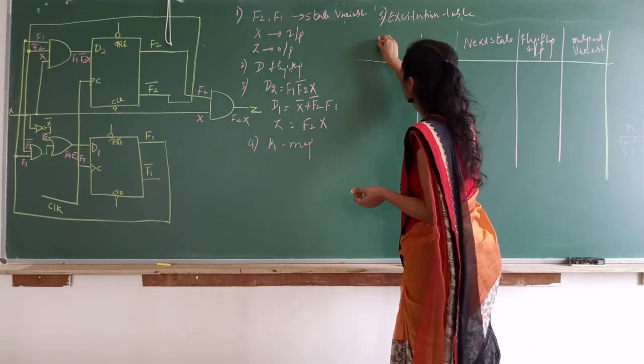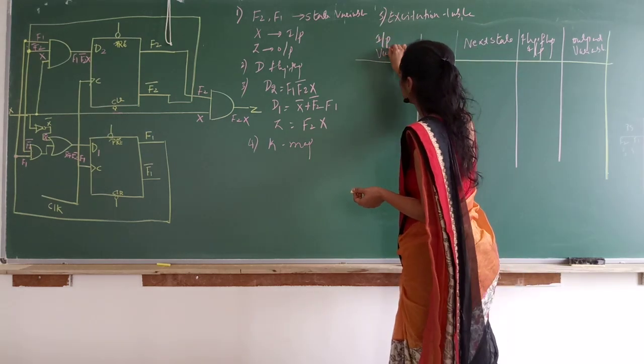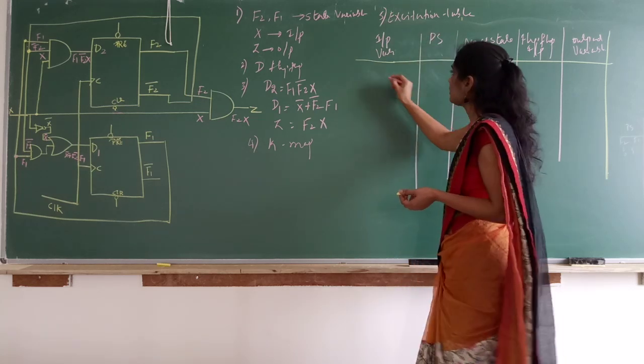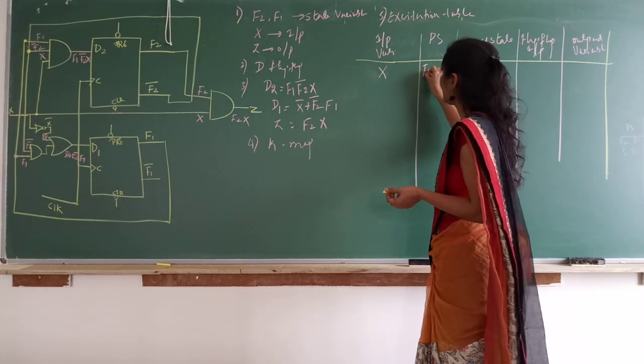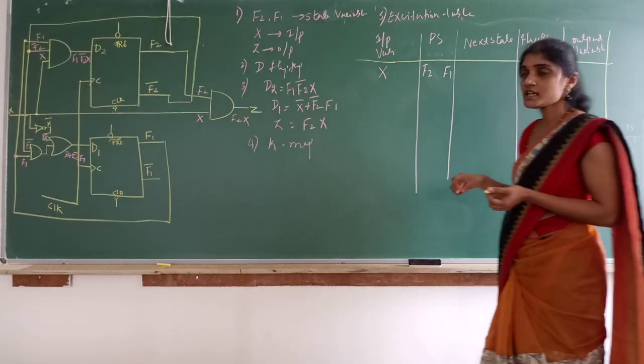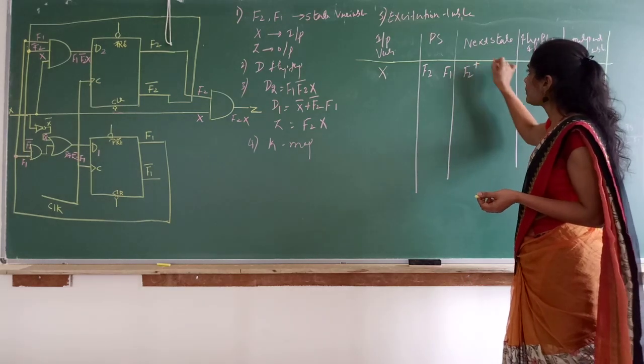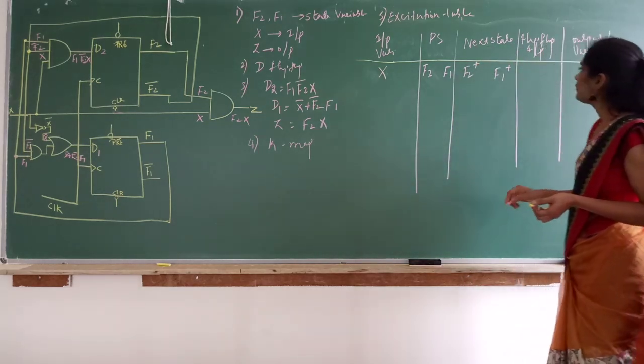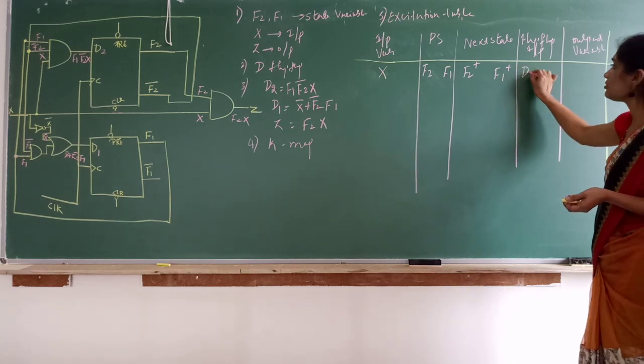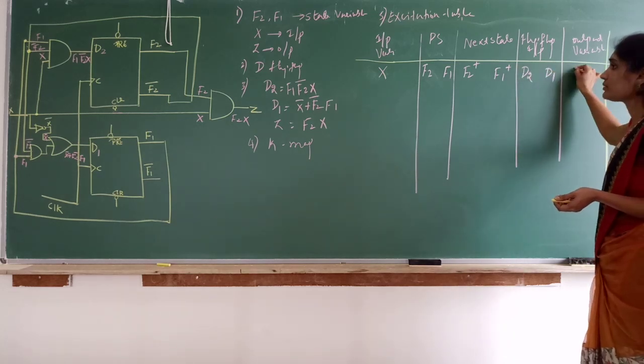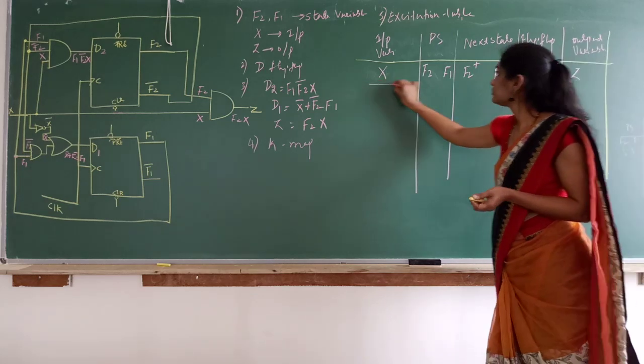So let me write the input variable first and then the present state. X is the input variable, F2, F1 are the present state. Next state will be F2 plus, F1 plus. Flip-flop inputs are D2, D1. Output variable is Z.